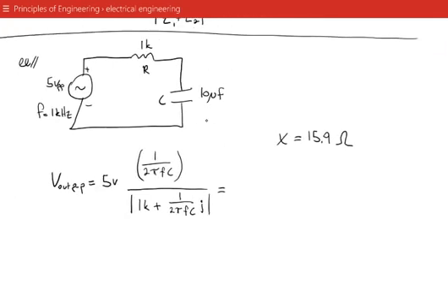So that means that the voltage in is 5 volts peak to peak, times 15.9 divided by the square root of 1,000 squared plus 15.9 squared.